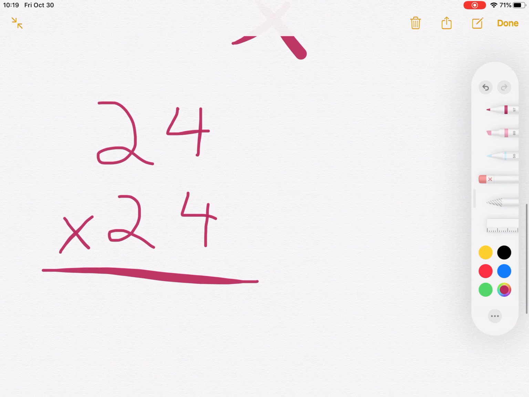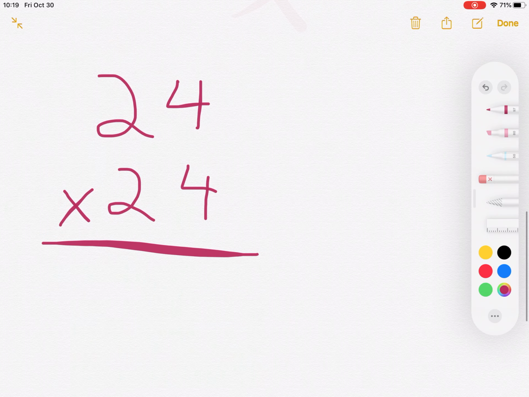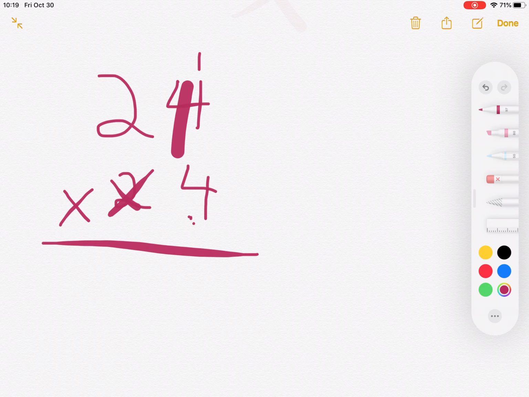For 4th grade. So first there'll be a number given. This is 24 times 24. So first you want to get this other number out of the picture. And then you want to do the two numbers over here that are across from each other.